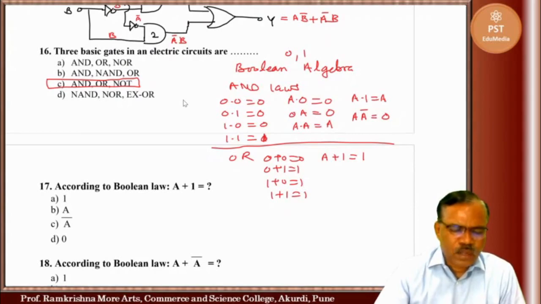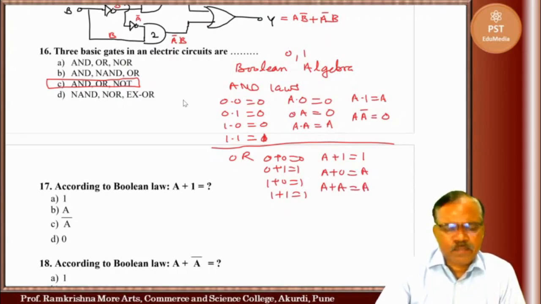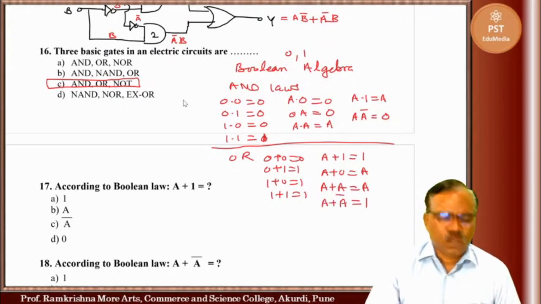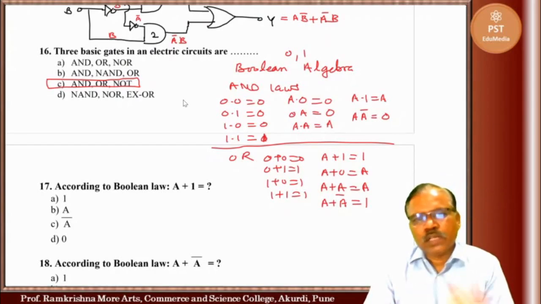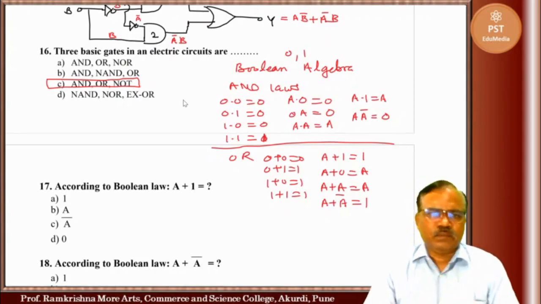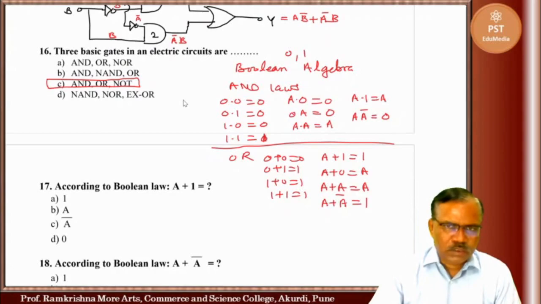Now you can have A plus 0, that is A, A plus A, that is A, and A plus A bar is equal to 1. Means suppose A is 1, A bar is 0, so 1 plus 0. If A is 0, A bar is 1, so 0 plus 1 is 1. So these are some OR laws.